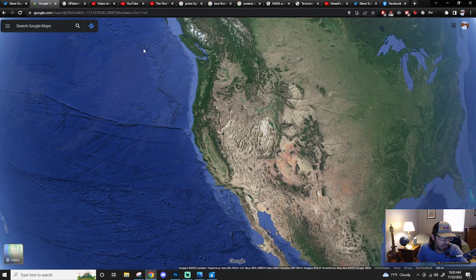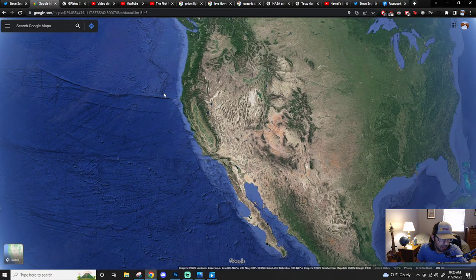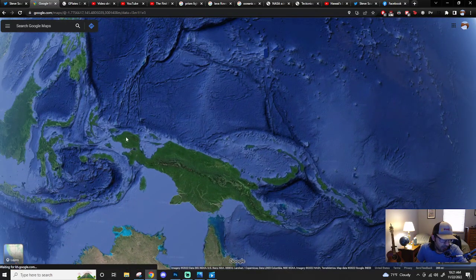This current, generally speaking, I believe what happens is it can't break through this region physically and create a severing of Papua New Guinea.